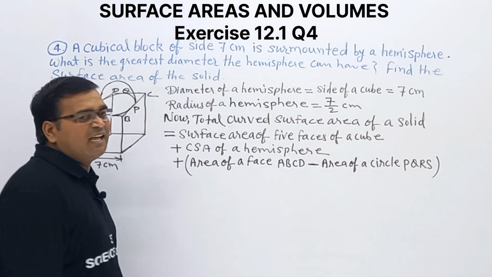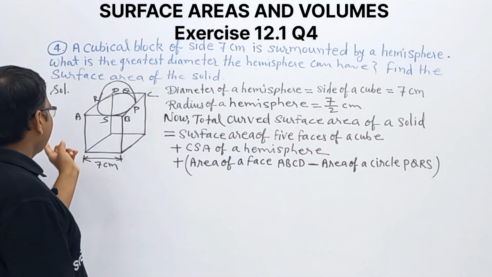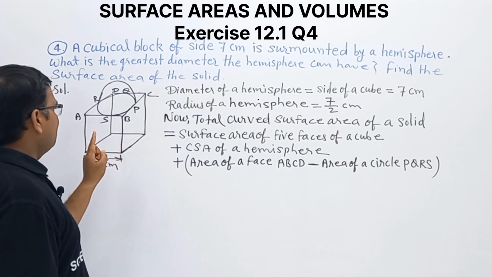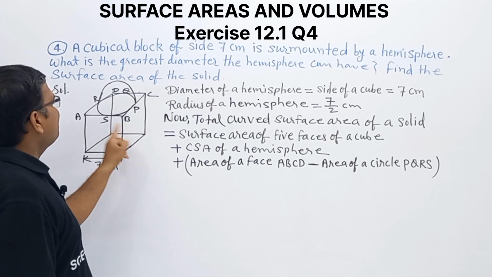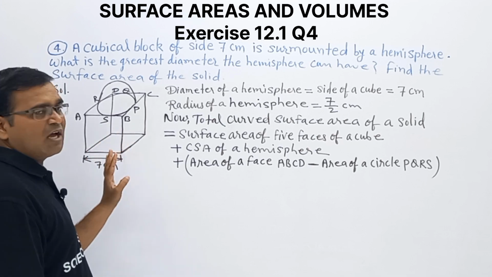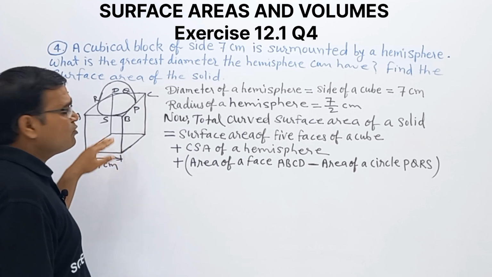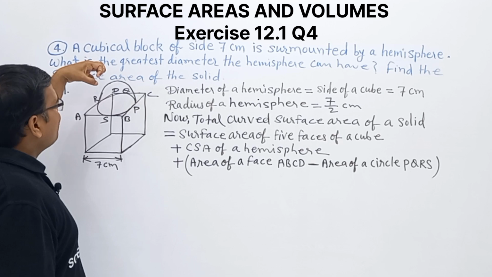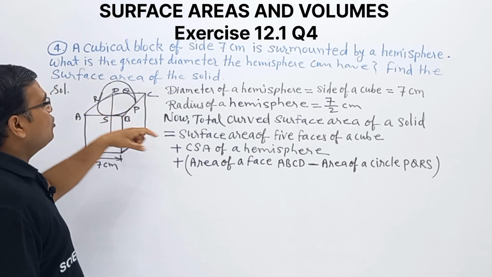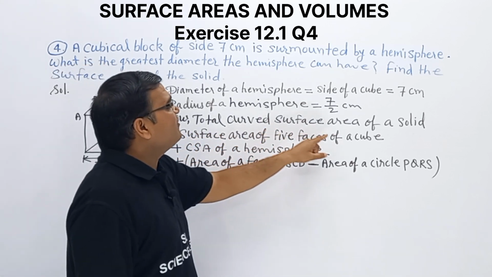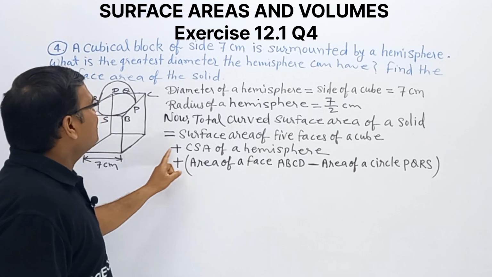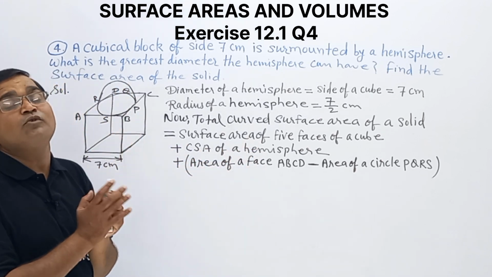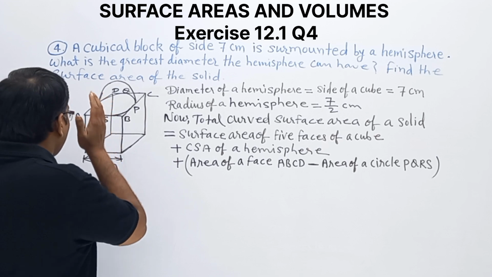In a cube we have 6 faces, but 5 faces are: 4 side faces and 1 bottom face, while the top face has the hemisphere. So, surface area of 5 faces of a cube plus curved surface area of a hemisphere.